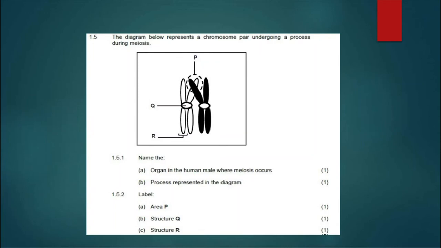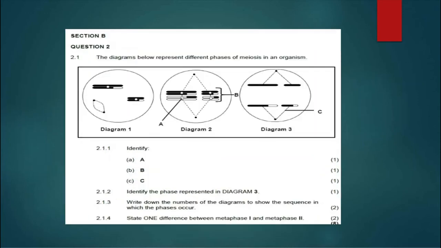The diagram below represents different phases of meiosis in an organism. Identify A, B, C. A is centromere, B is homologous chromosomes, C is spindle fiber. Identify the phase represented in diagram 3. Diagram 3 is anaphase 2 because chromatids separate.